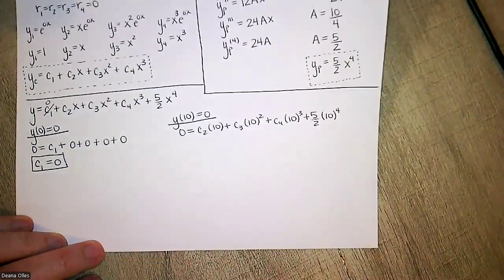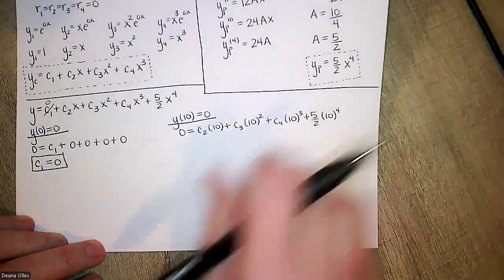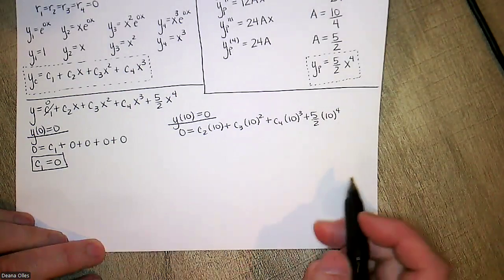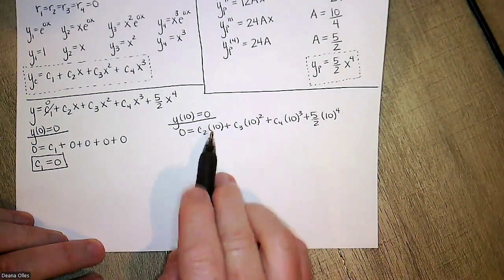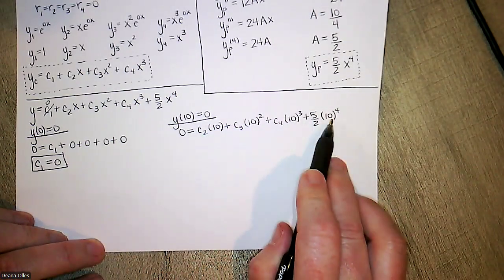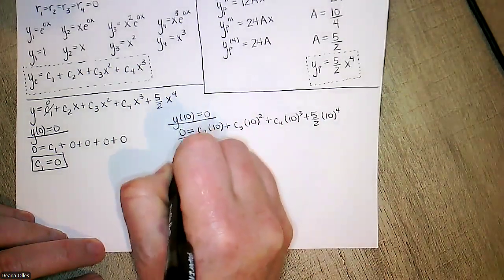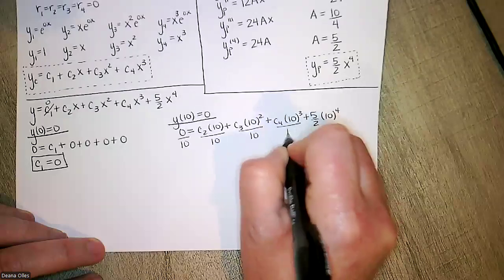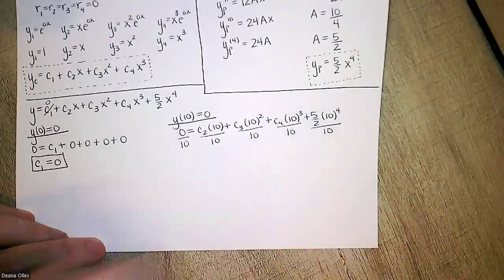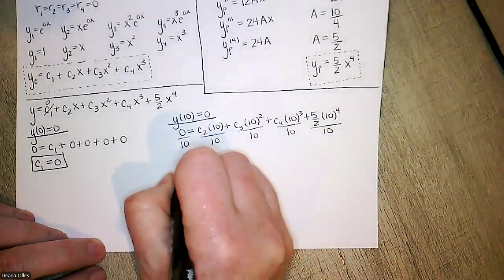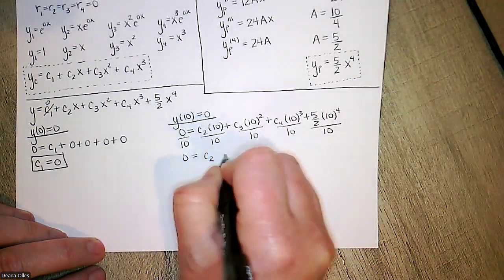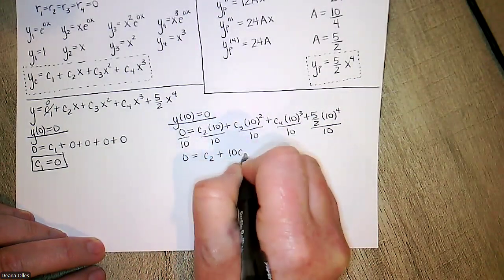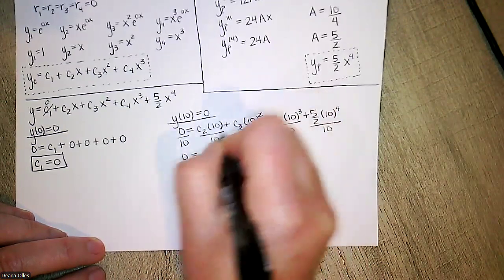Now this is a part that I would hope everybody is a little bit more comfortable with. I would divide both sides by 10 because each of these terms is divisible by 10. So if I say divide both sides by 10, that also means divide every term by 10. So that's actually going to knock this down a little bit. So that gives me 0 equals C2 plus 10C3, right?